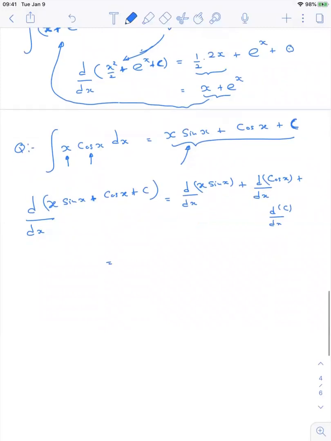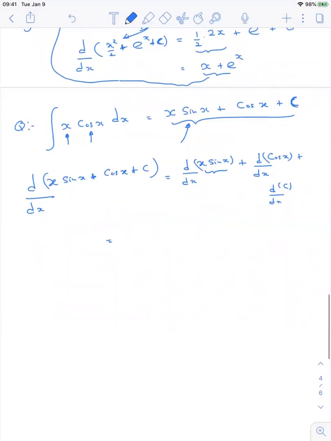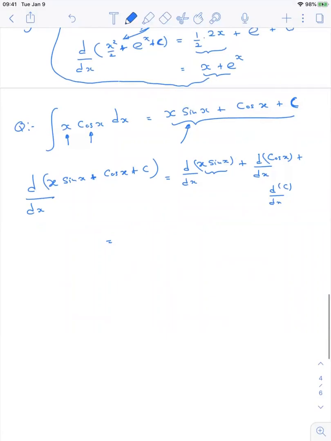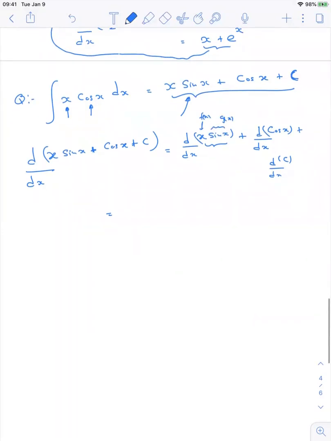And now this is the product differentiation. x is one function and sine x is one function, right? So when you have this kind of function to differentiate, you take this as, let's say, f(x), and then you take this function as g(x), and then apply the product rule. So when you apply the product rule, you keep one function as it is, and then differentiate the other one. Now here is sine x.